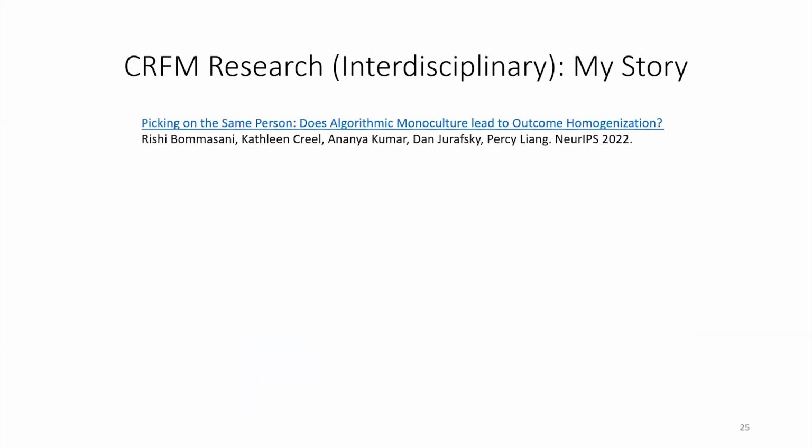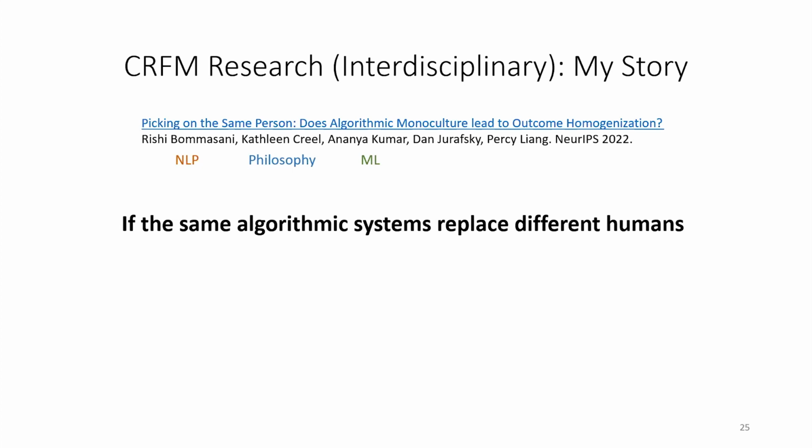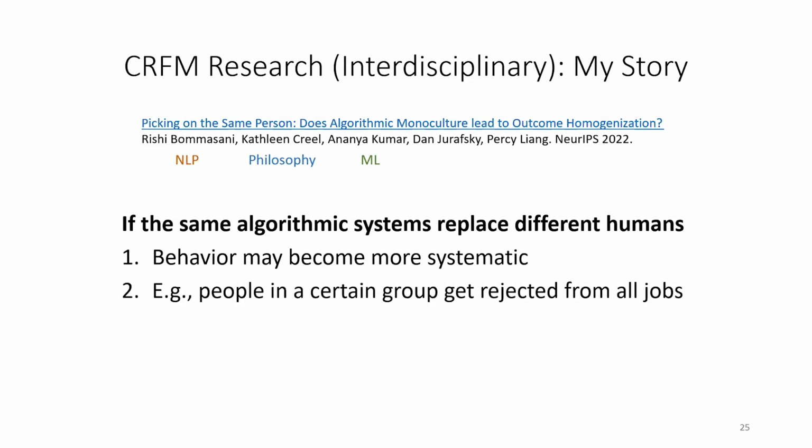For example, in a recent paper that I wrote, we collaborated with a bunch of different people. There was an NLP PhD student, a philosophy PhD student, and me, who is in machine learning. In this paper, we looked at if you have a single algorithmic system that replaces a lot of different humans, then the behavior may become a lot more systematic. And so your biases can be shared across many deployments.